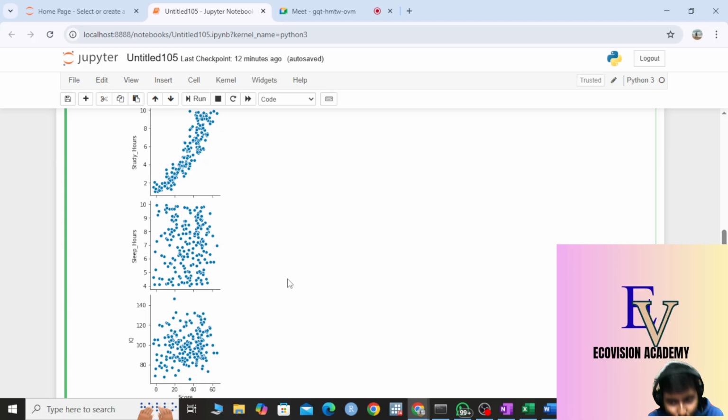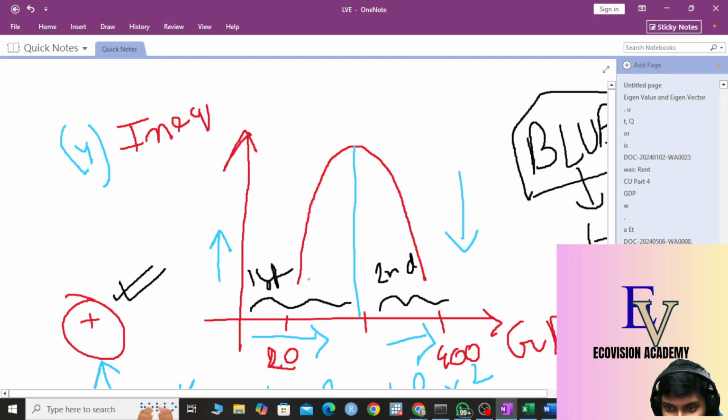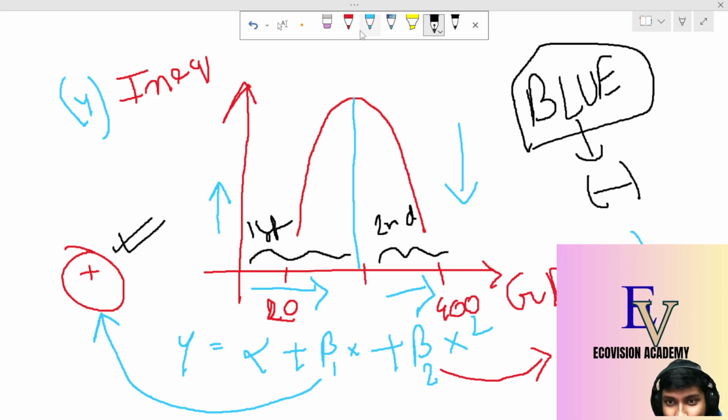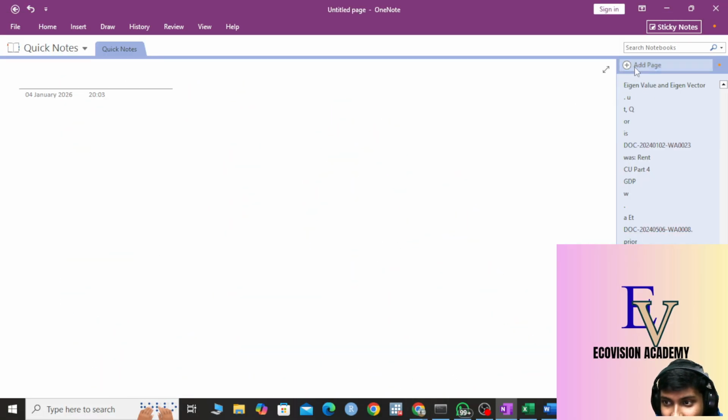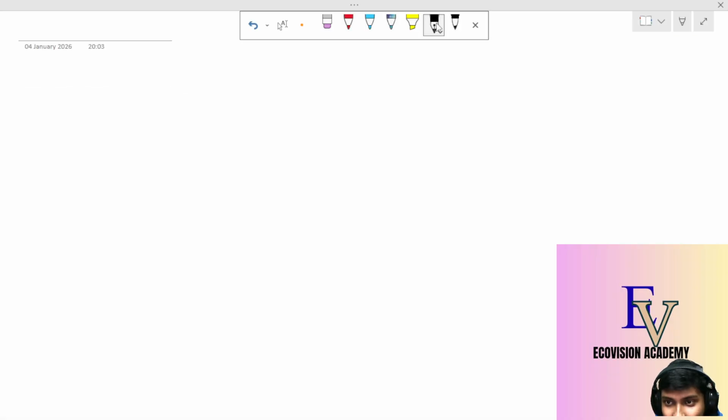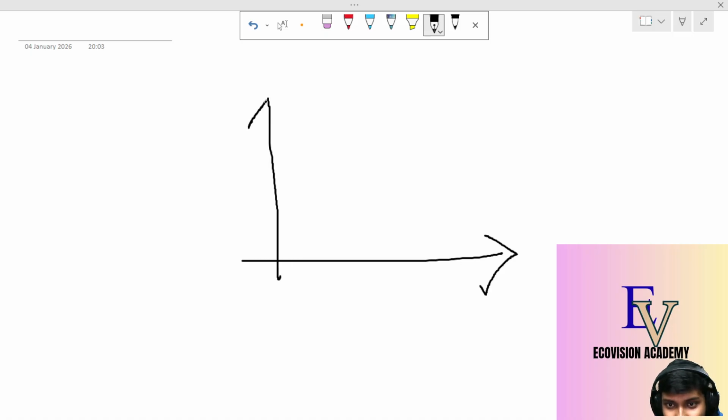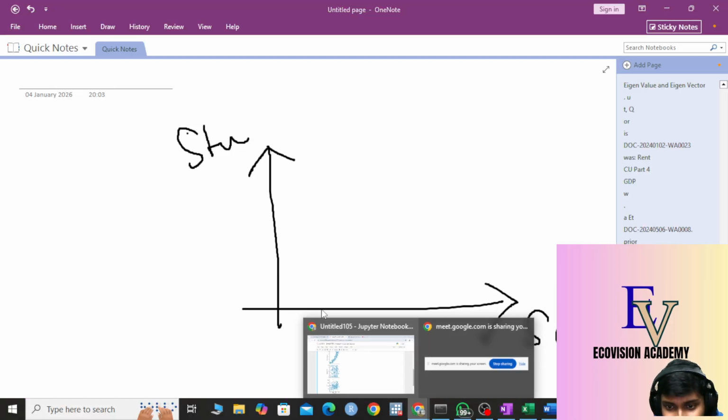So what can we do? When we are going for score and study hours, what should the regression trend look like?